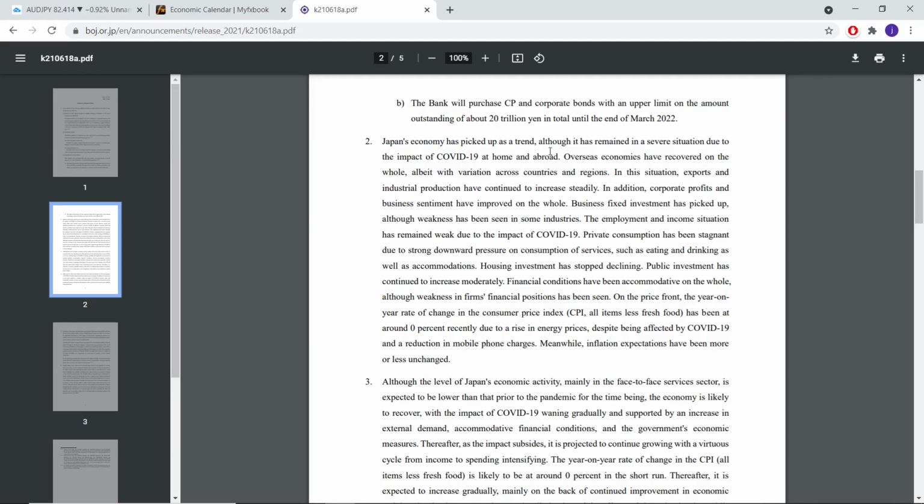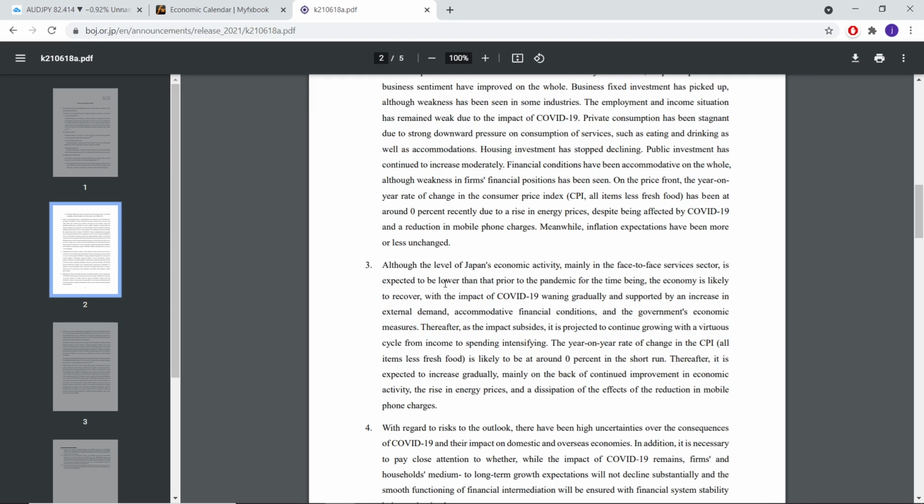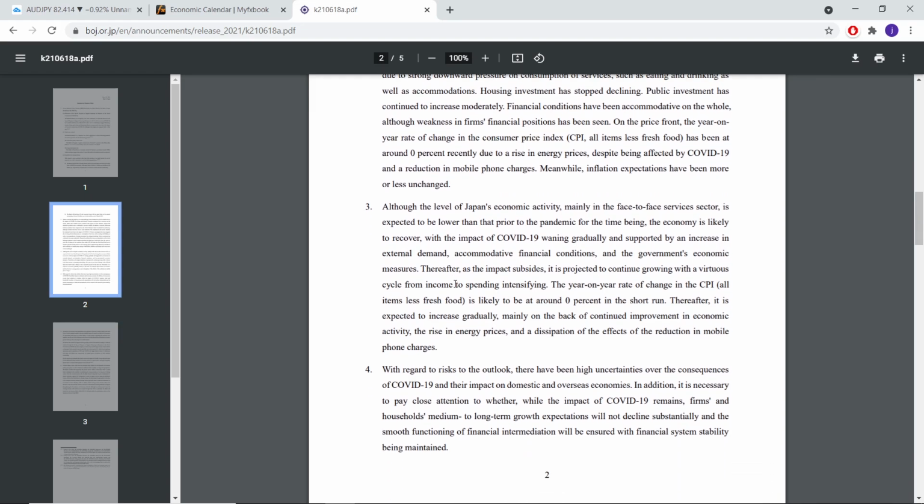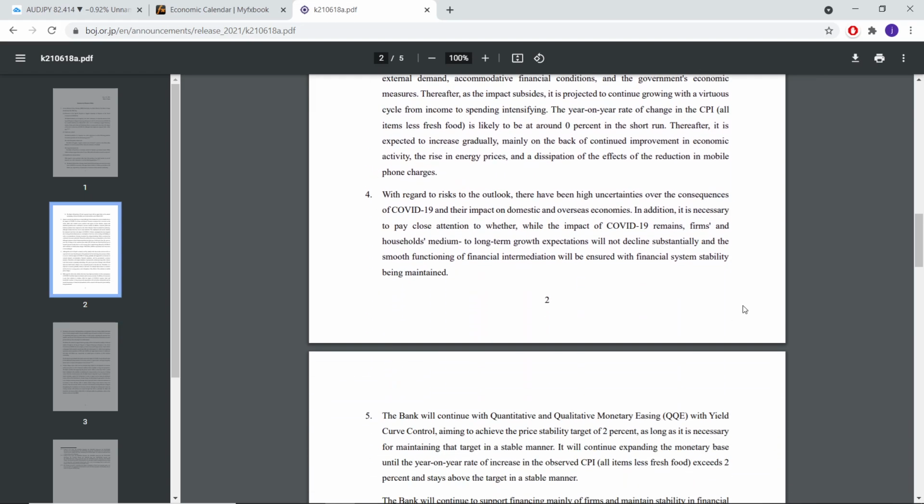All right, it has picked up as a trend, although it remained in a severe situation due to the impact of COVID-19 at home and abroad. So yeah, overall we could see, even though things were looking kind of grim for the Japanese economy, there's still some overall optimism within all of this news.